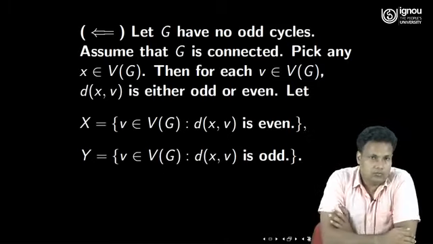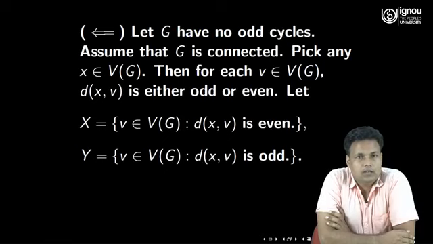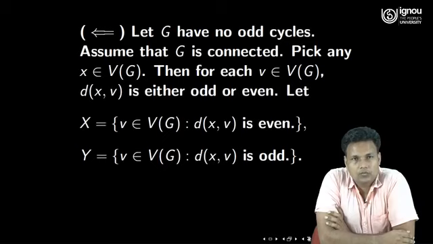Okay. Now, to prove that G is bipartite, we have to show that X and Y are the partite sets of G. First, we have to show that X union Y must be the whole vertex set V(G).